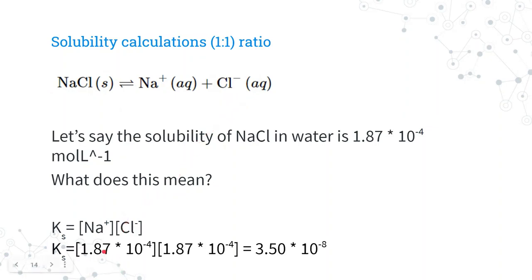Now that we know our values for Na plus and Cl minus, we simply put them in our equation to get our answer. An important thing to note for these types of questions is, just like Kc, you don't put units on Ks.